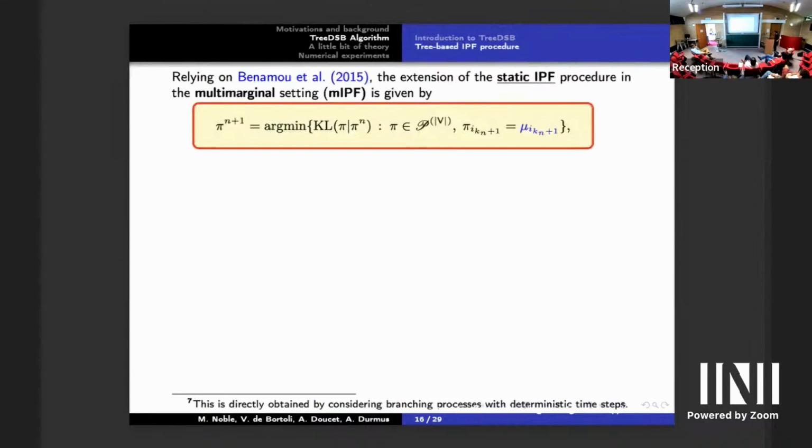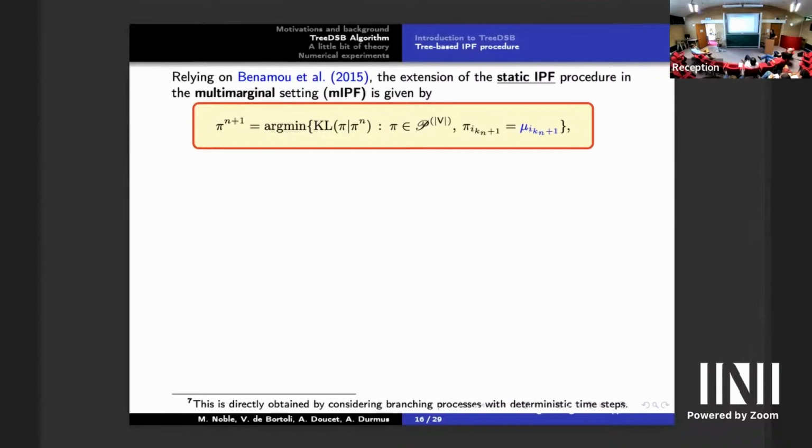Okay, right. And so, as I told you, the idea of Sinkhorn or IPF in the two-marginal setting is that I alternate between projections on the first marginal and the second marginal while solving this KL problem with the previous iterate. Now I'll just extend this. This was made by Benamou in 2015.